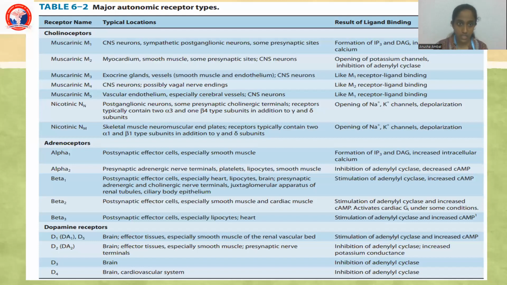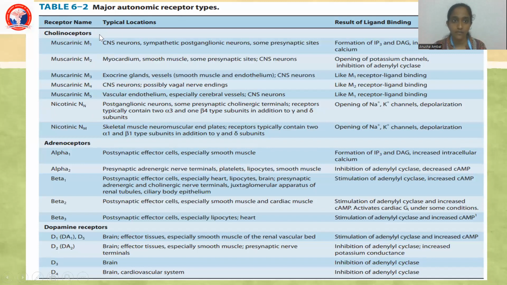Now the receptors. We have now learned the wide classification of the autonomic system. We compared somatic and autonomic, and we compared parasympathetic and sympathetic. Now we are coming to the last stage, the receptors. Under parasympathetic, we have muscarinic and nicotinic receptors.